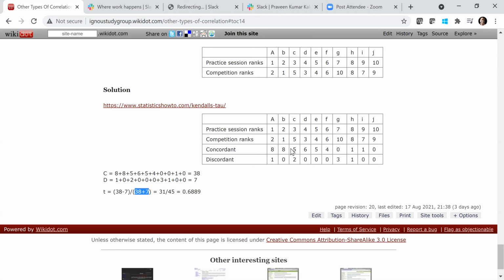The sum of all the concordants that we calculated here. What is D? The sum of all discordants that you calculated here. That's all.